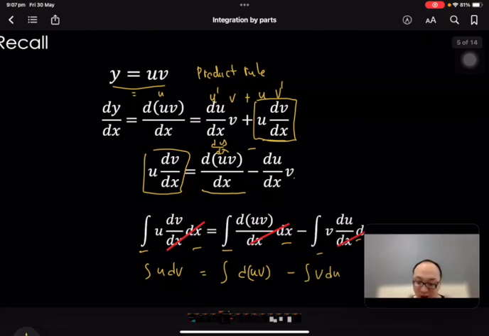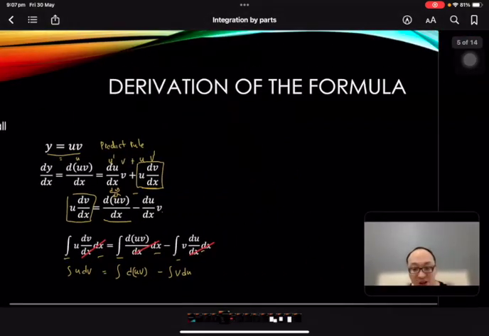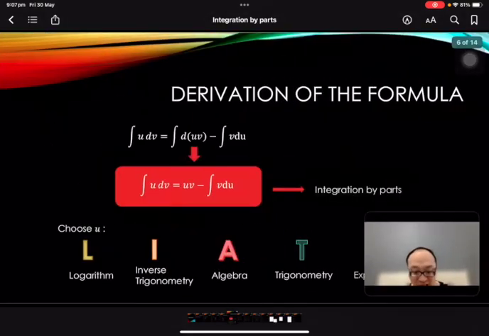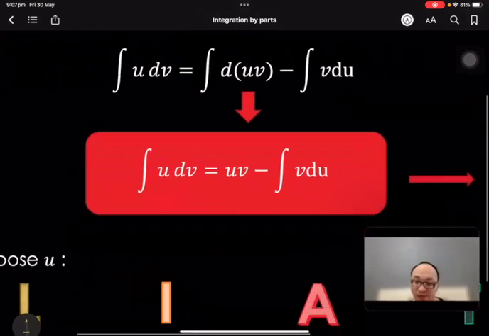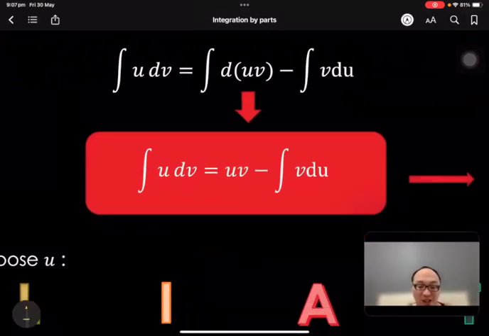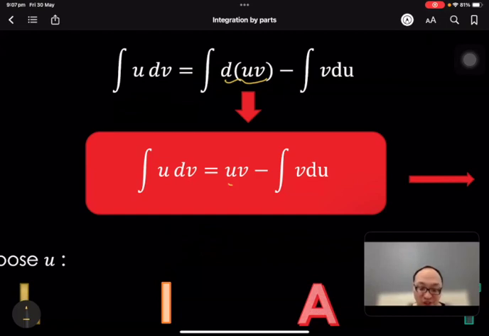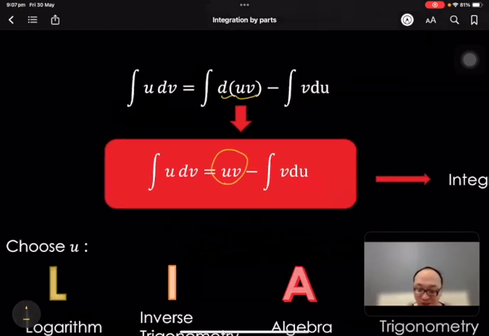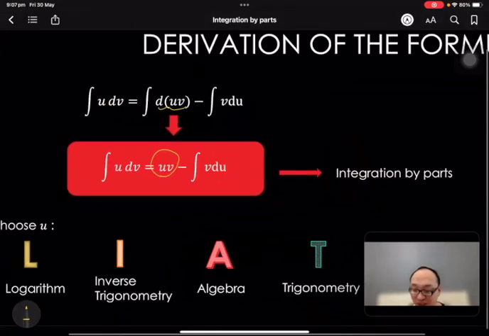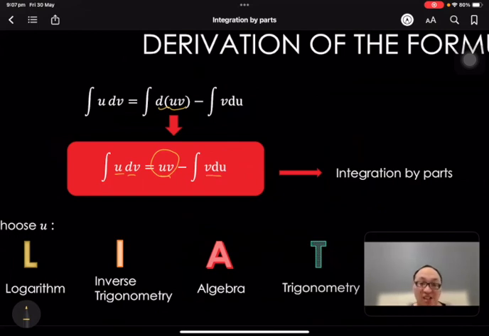Now, from here, integral d(uv) is uv. So from here, we have the formula of integration by parts. Integral u dv is equal to uv minus integral v du. This is the formula for integration by parts.